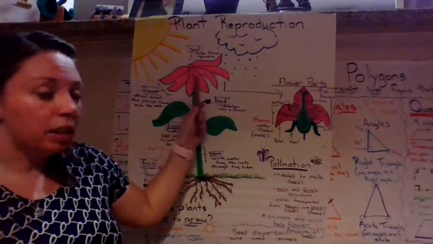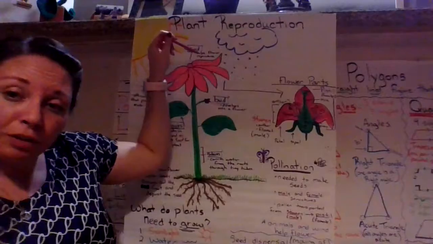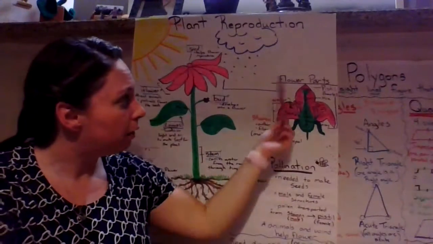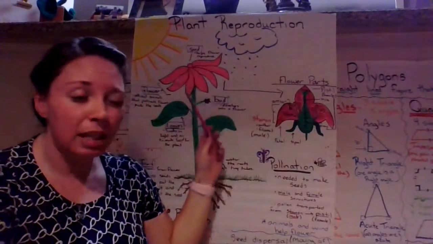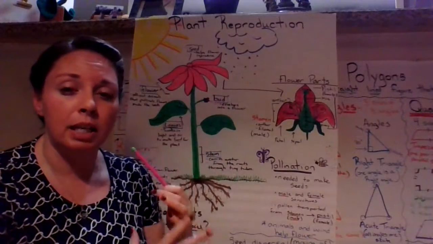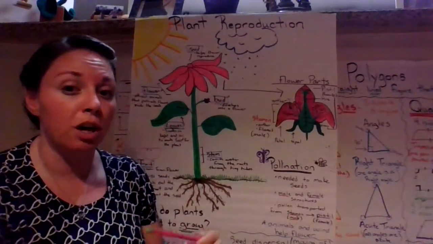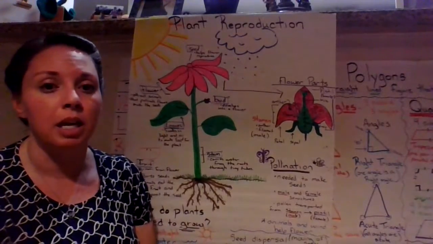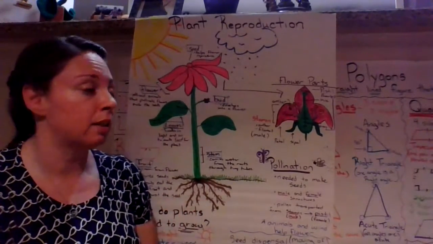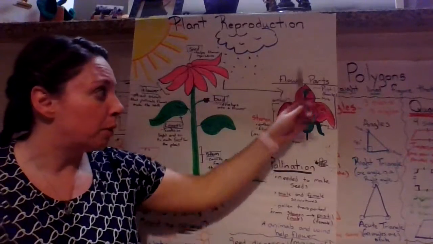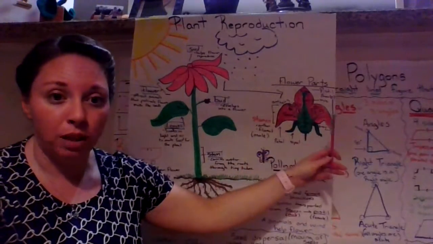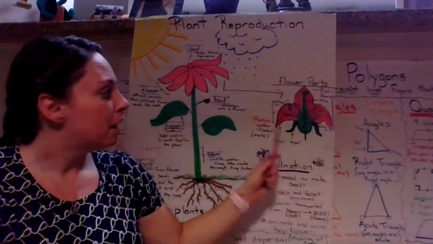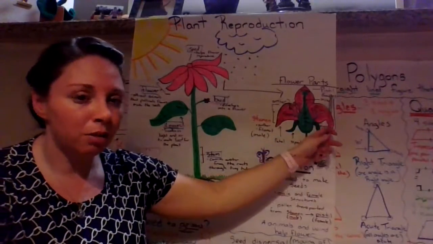And then from here, we discussed inside the flower the different flower parts. Plants have different ways of reproducing. In this case, we're only focusing on the reproduction of flowering plants. In a flowering plant, the reproduction is done through the male and the female parts of the flower. The female part is called the pistil.